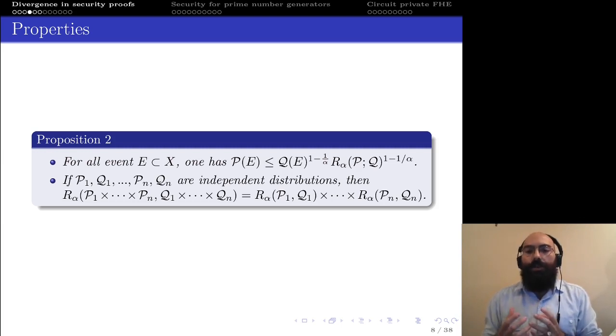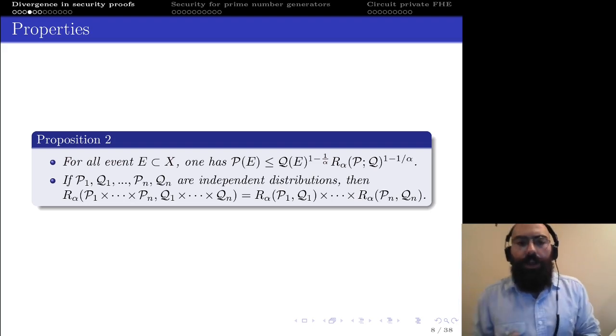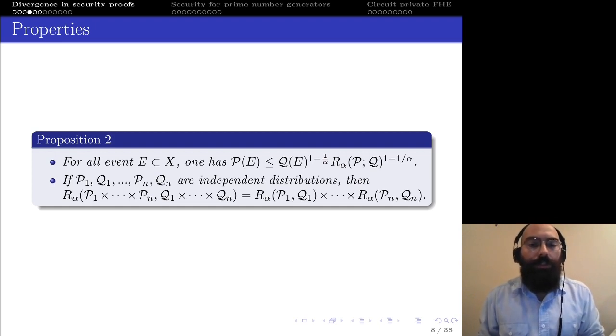This is nice because if Q of E is low enough, then you only require the Renyi divergence to be constant to gain the security that you want. The second nice property is that when you have independent distributions, the divergence of the product is the product of the divergences. This means that the Renyi divergence behaves well when you talk about the number of queries.